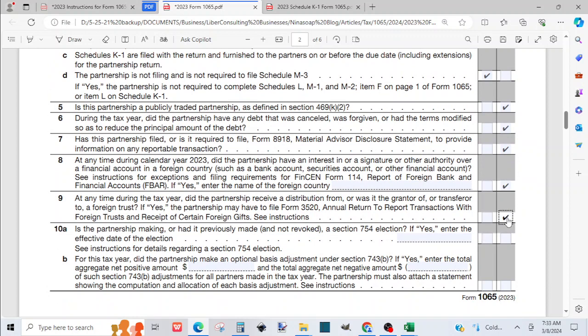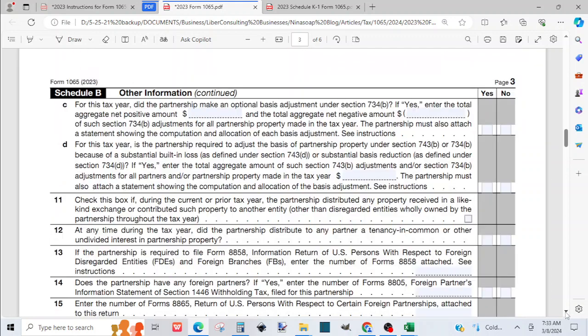No. Is the partnership making, or has it previously made or revoked, a section 754 election? No. For this tax year, did the partnership make an optional basis adjustment? No.